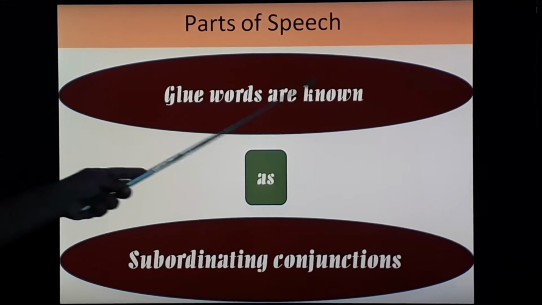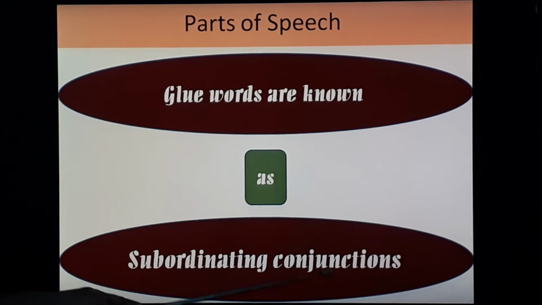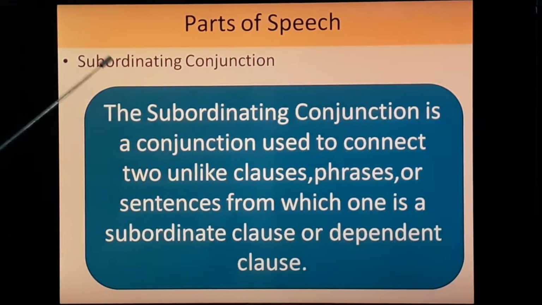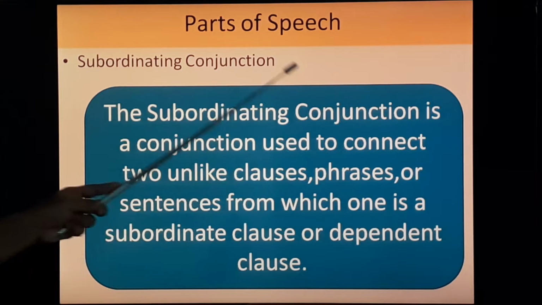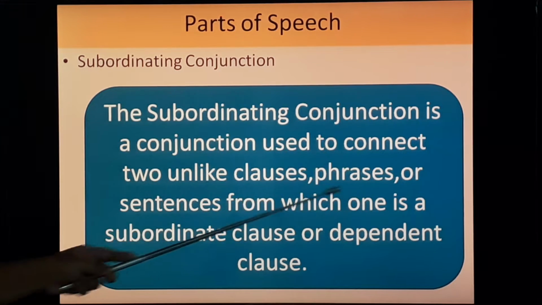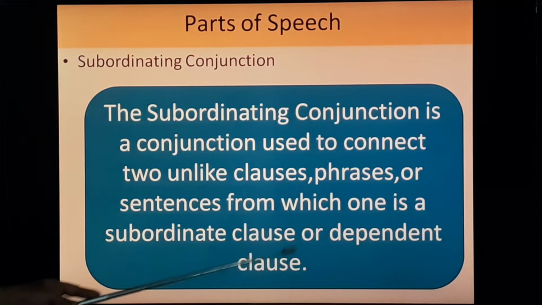Glue words are known as subordinating conjunctions. Let's see the definition of subordinating conjunction. The subordinating conjunction is a conjunction used to connect two different clauses, phrases or sentences from which one is a subordinate clause or dependent clause.